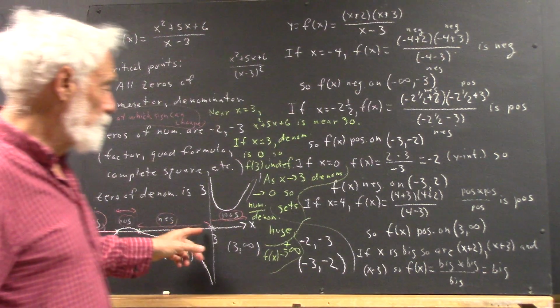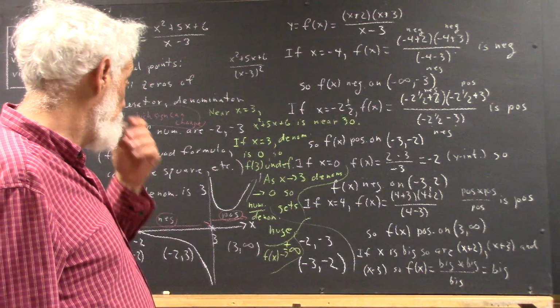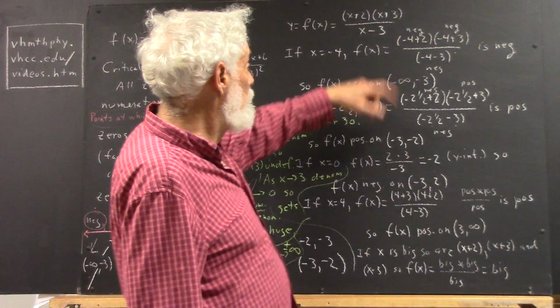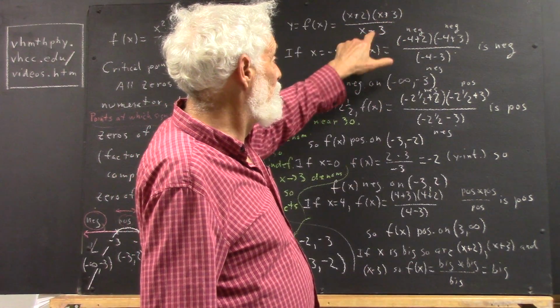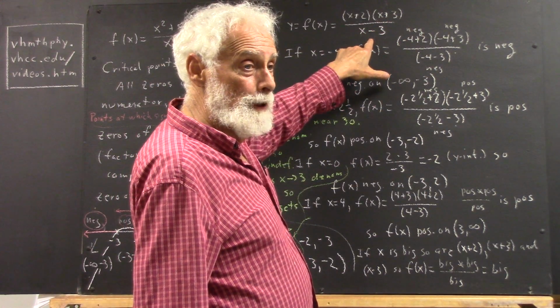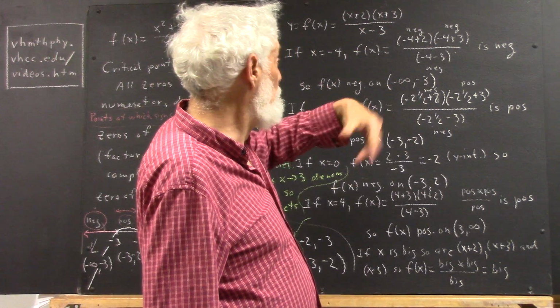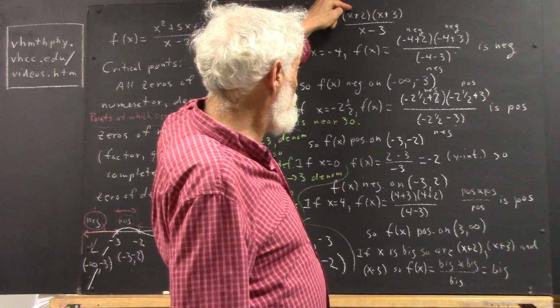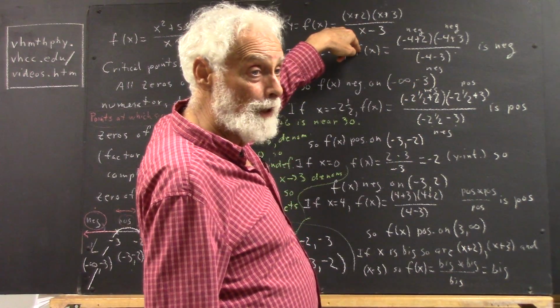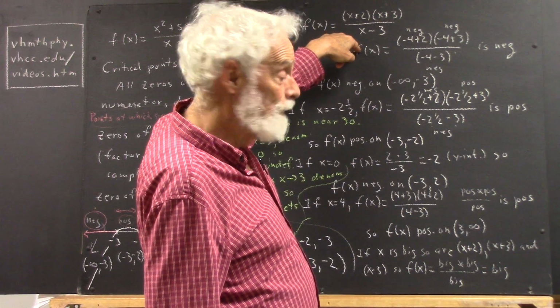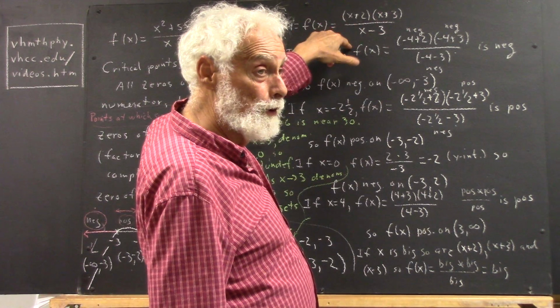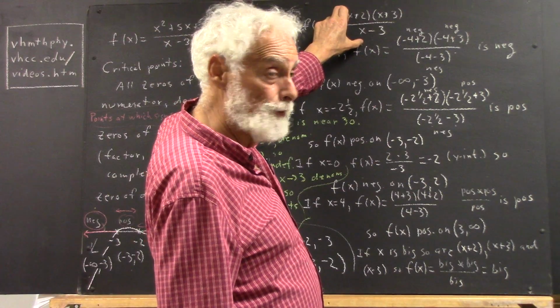Okay? Now, if x is a really big positive number, well, it's going to be the same thing. You divide, the denominator is going to be about the same as the numerator. If x is 1,000,000, if you divide 1,000,002 by 999,997, those numbers are both close to 1,000,000. You get something very close to 1.